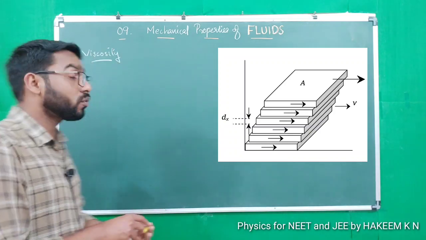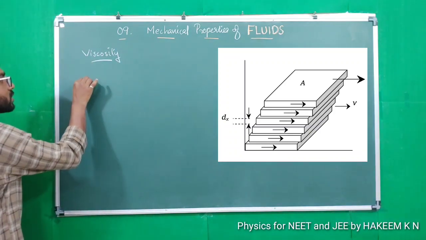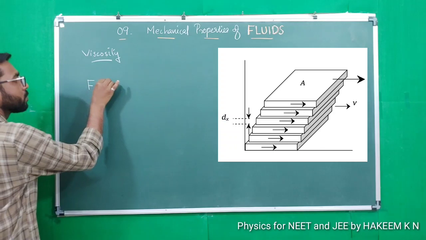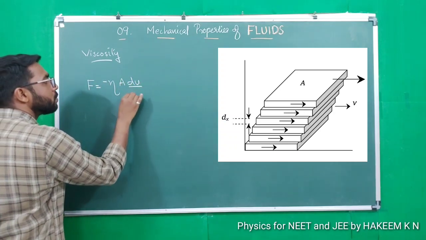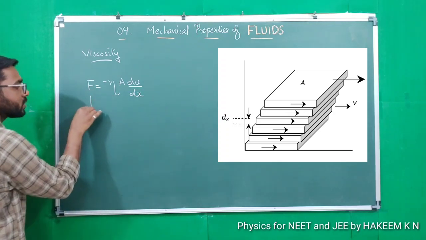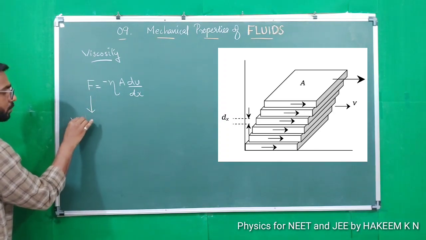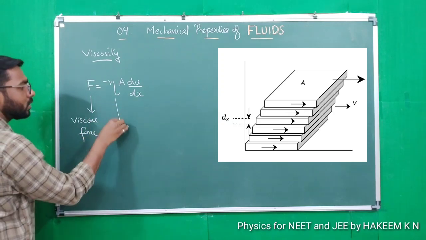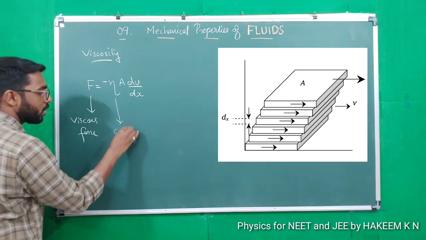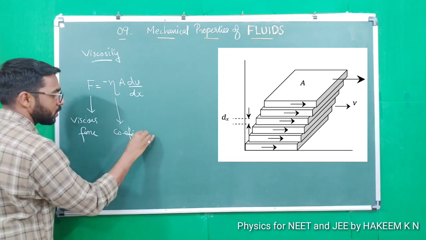The viscous force can be calculated using the equation F equal to minus eta A dV by dx. Here F is the viscous force and eta is called the coefficient of viscosity.